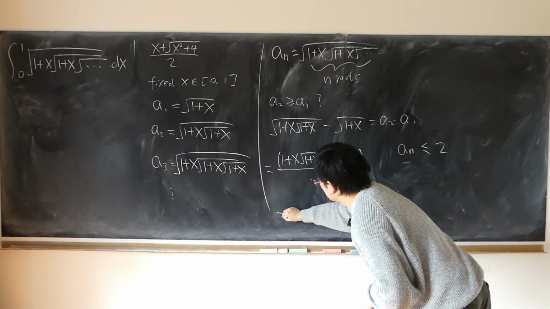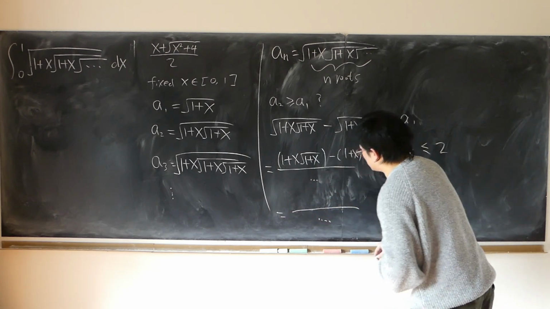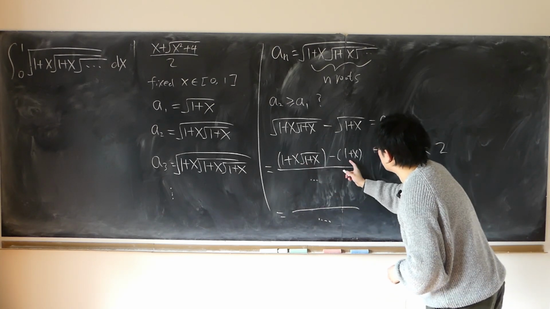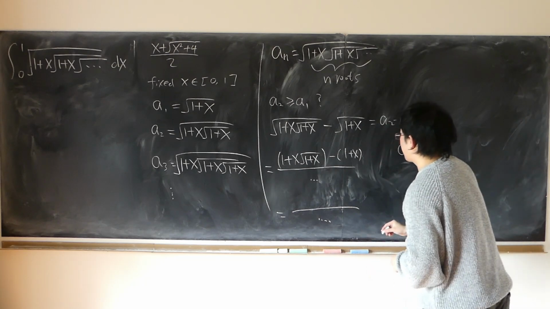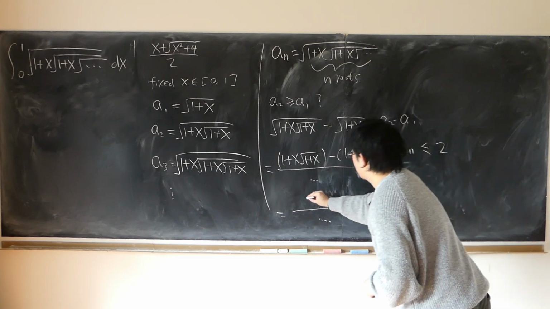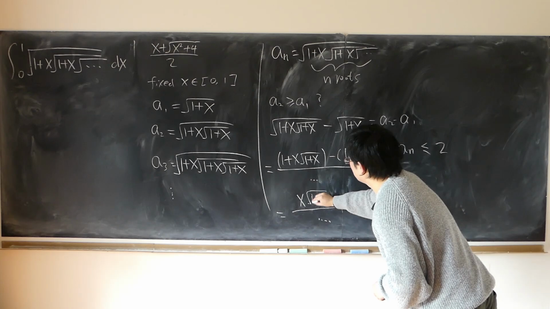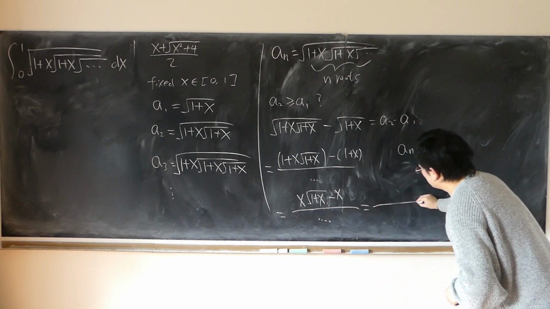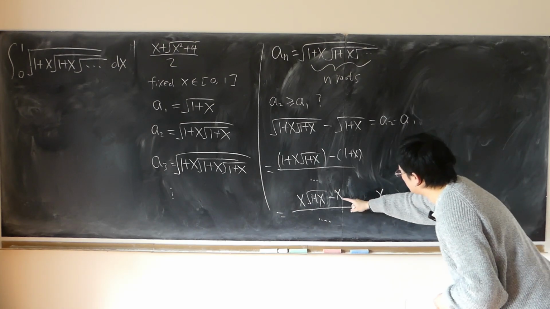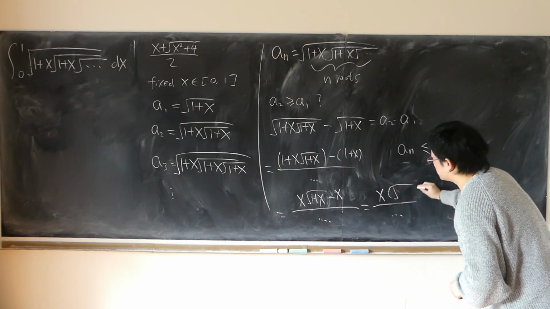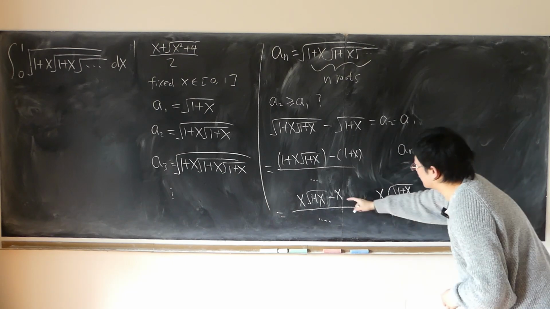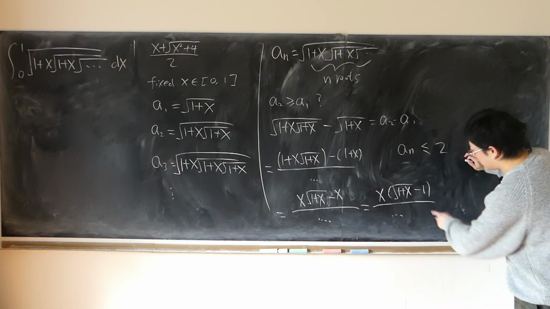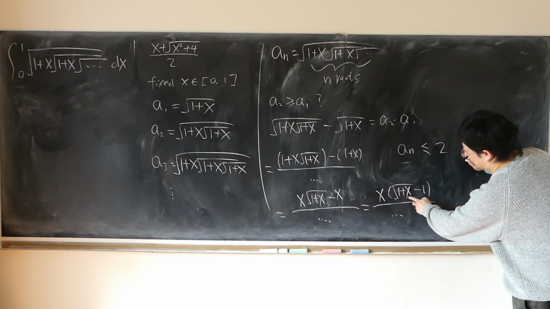Bottom is some positive number. 1 minus 1, this minus that, minus x. x is a common factor: x times the square root of 1 plus x minus 1. x is already bigger than 0.